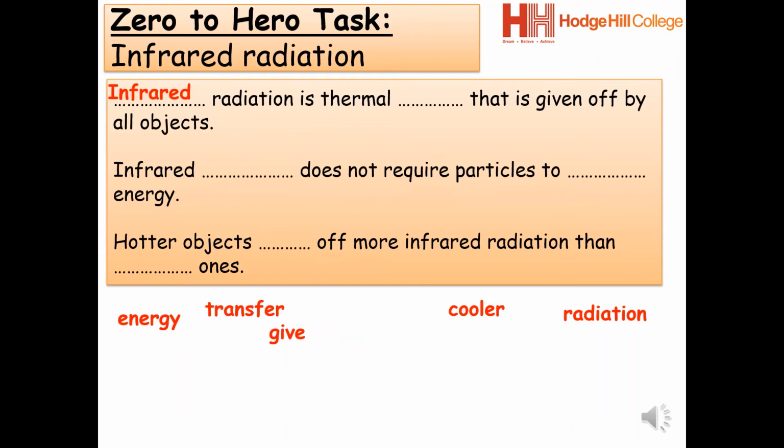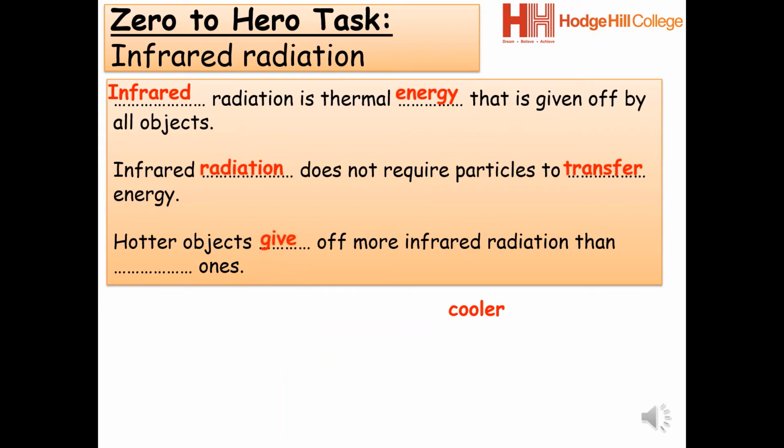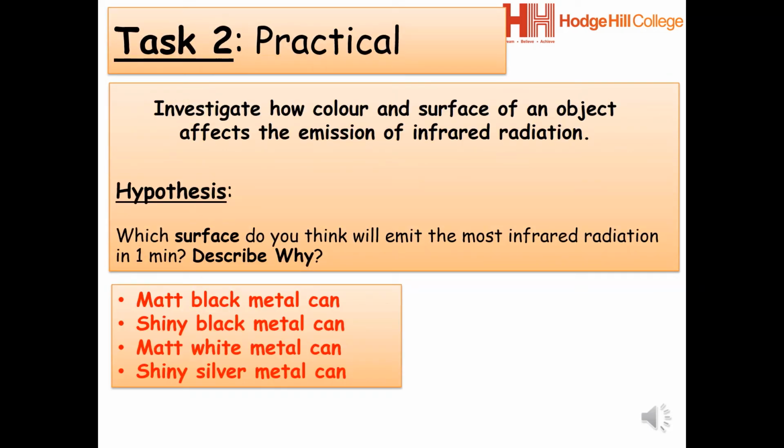Infrared radiation is thermal energy that is given off by all objects. Infrared radiation does not require particles to transfer energy. Hotter objects give off more infrared radiation than cooler ones. Now, a simple practical task that you can do to investigate how different colors and surfaces of an object affects the emission of infrared radiation, right?